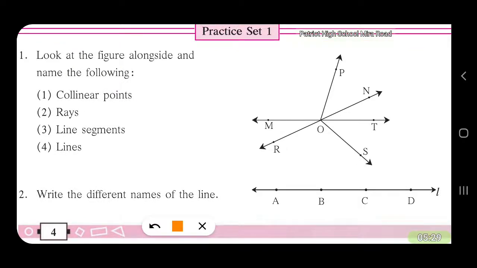Question number 2. Write the different names of the lines. For example, you can say line AB, or you can say line AC, or you can say line AD.